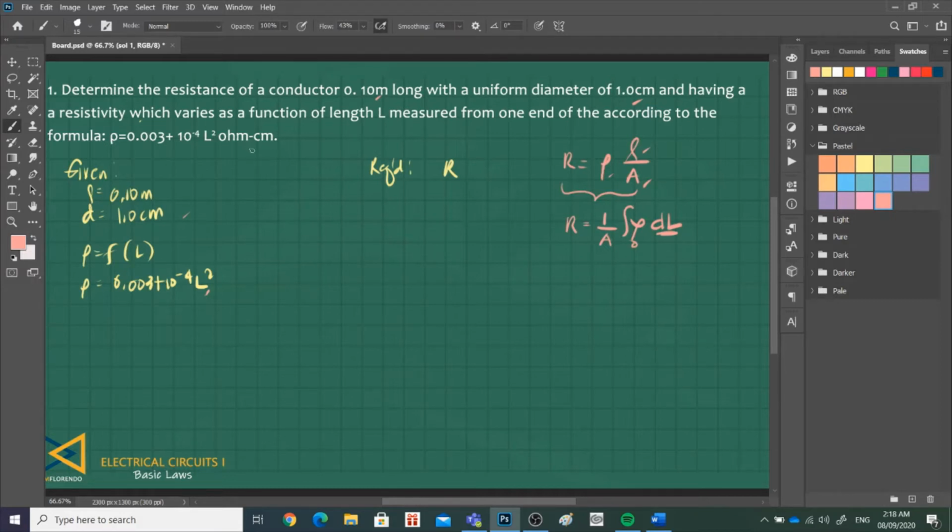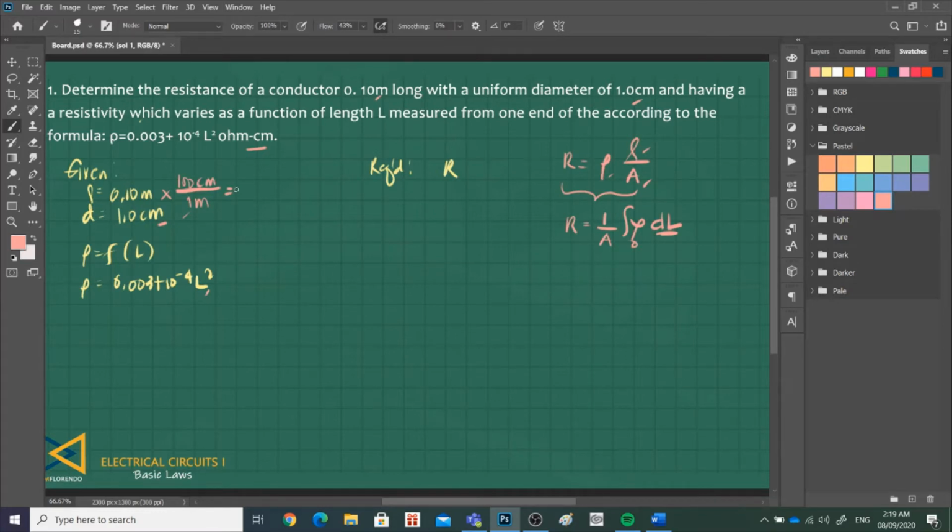But yung mga units natin kasi dito, yung diameter centimeter, yung ating formula ng resistivity is in terms of centimeter. So, convert natin itong length in terms of meters. 1 meter, that is 100 centimeter.